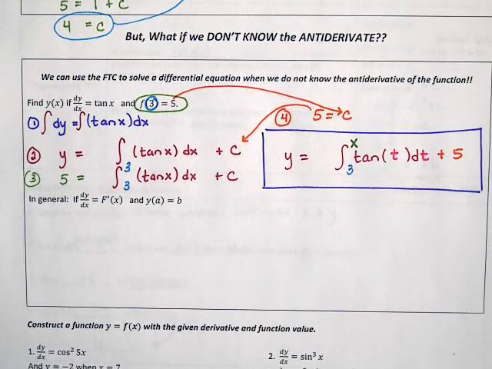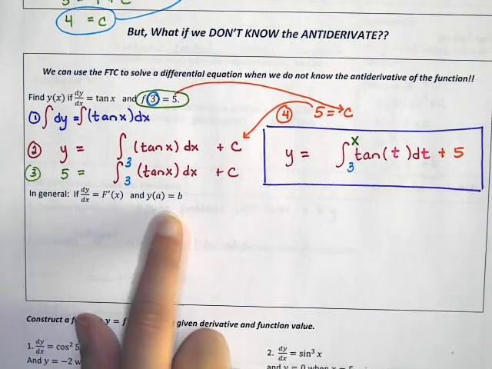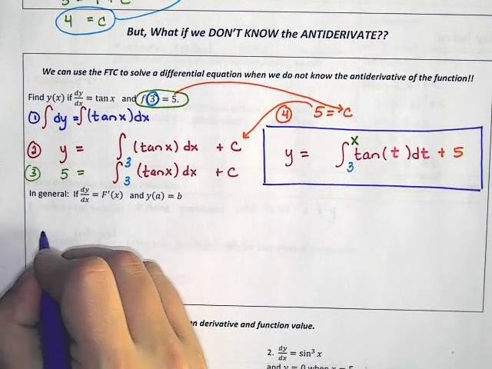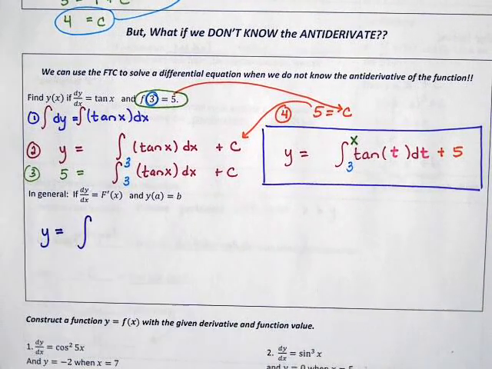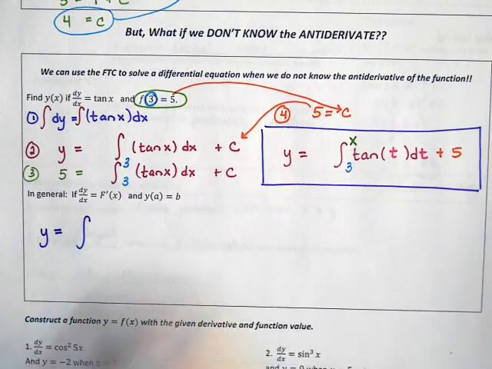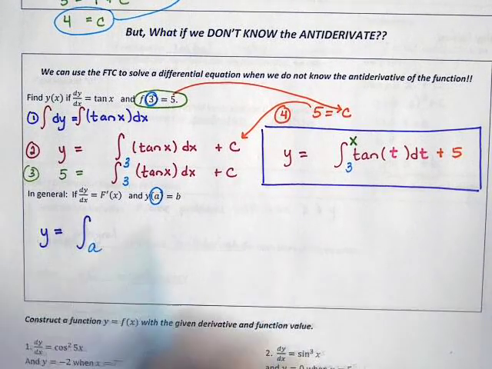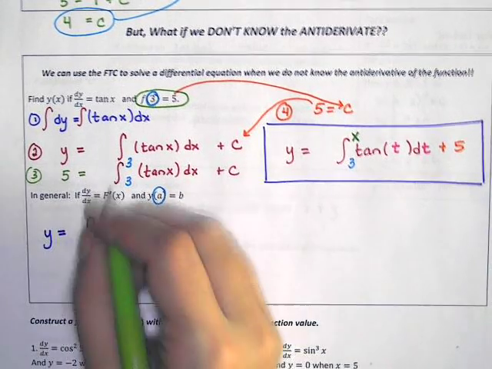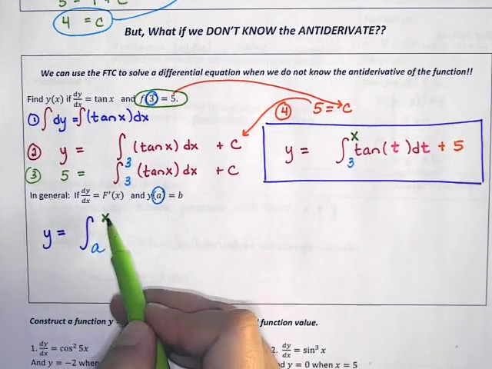In general, if your derivative is this function, and you have this initial value, then you can say that the original function you were looking for is the integral from your lower bound, which should match the x of the initial value, and your upper bound should be x, because that way when you plug in a, it'll cancel the integral out.